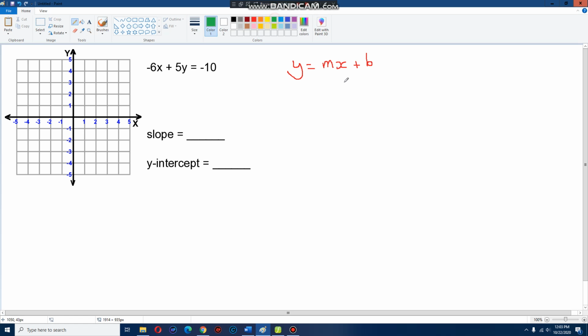If you recall, the m stands for slope, or the slant of a line, and the b stands for the y-intercept. Where does that line cut into the y-axis?